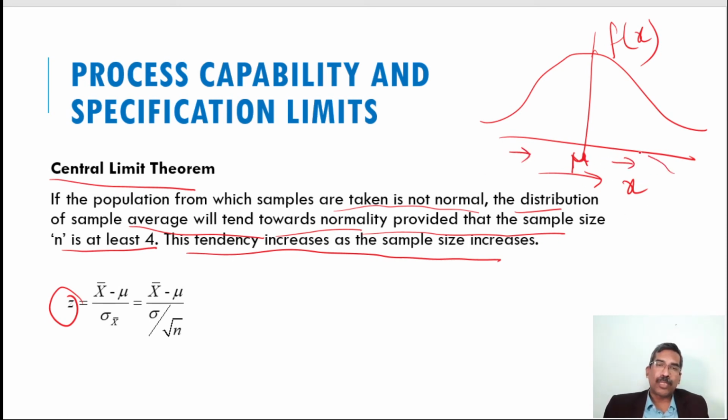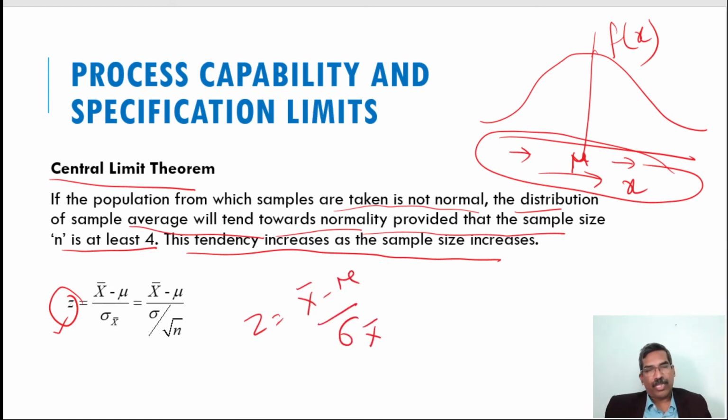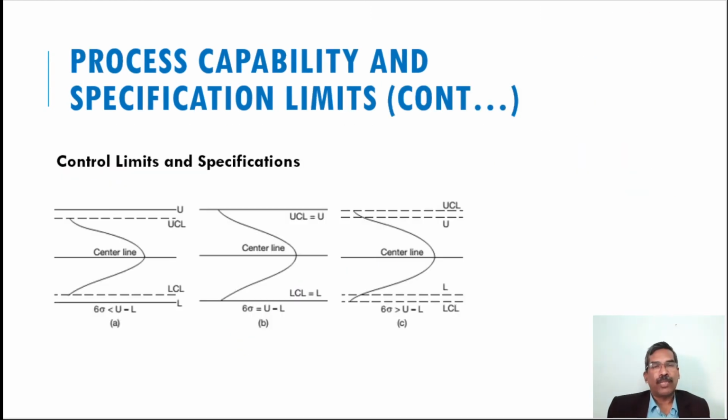Then to convert these values into standard form, Z is used. So this is known as the standard value. This Z will be equal to (x bar minus mu) divided by sigma x bar. Here x bar is this value, and mu is here x double bar. So in this case we can use this value.